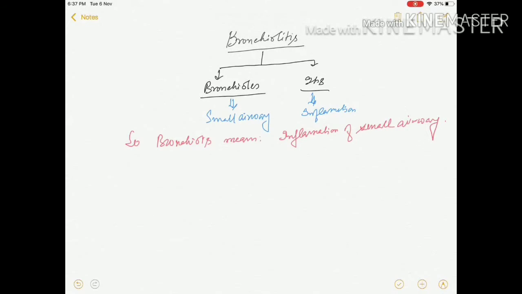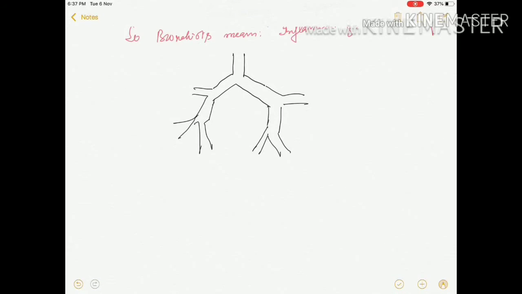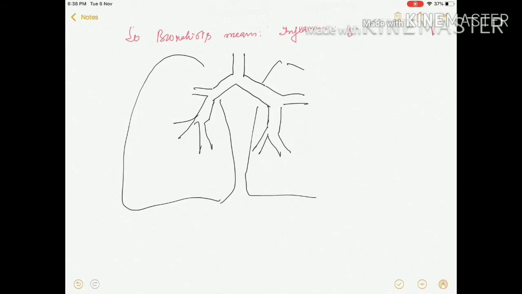So if we draw a lung and see what happens in bronchiolitis: this is the trachea, this is the main bronchus, these are the secondary bronchi, and then the tertiary bronchi appear, and they go into the lung and divide to form the small bronchioles, which are situated like this.